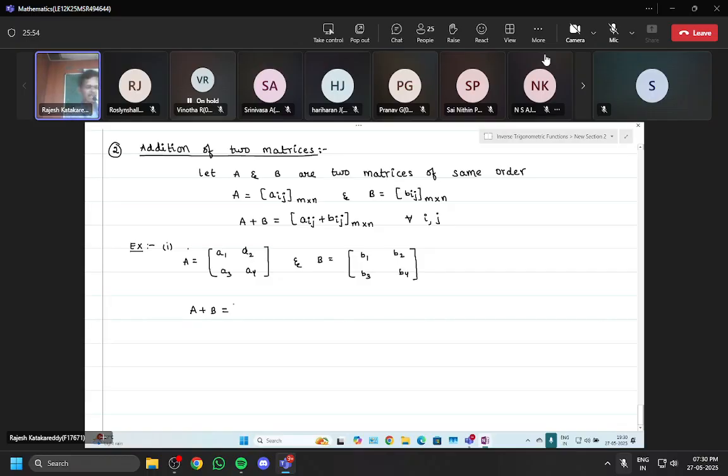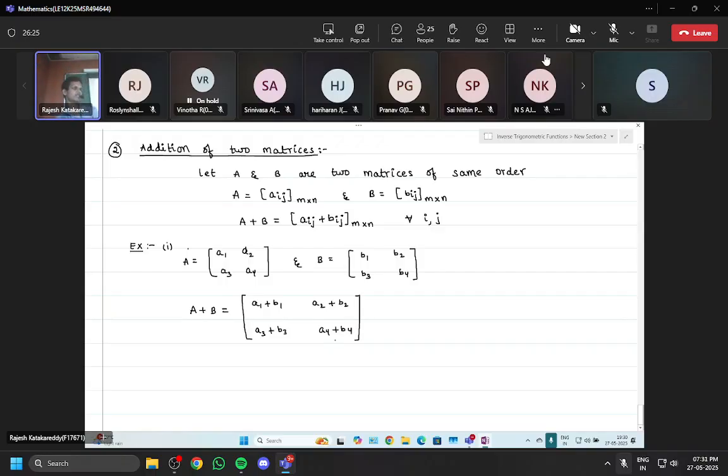I can add the row 1, column 1 element with the row 1, column 1 element. Row 1, column 2 element, I should add with row 1, column 2. Same thing for the remaining elements as well. In A plus B, I should write A1 plus B1, A2 plus B2, A3 plus B3, last is A4 plus B4. Subtraction is also done the same way.